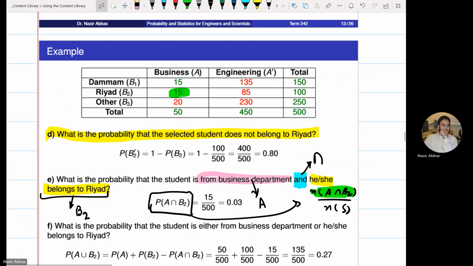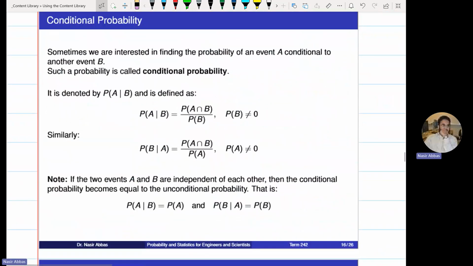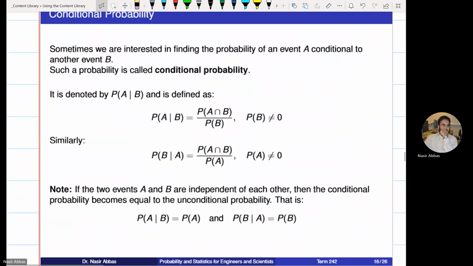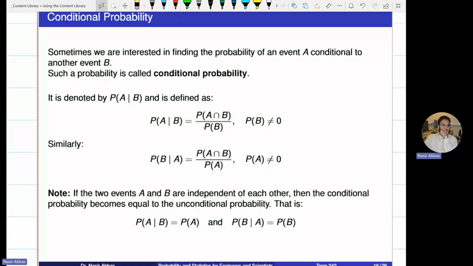So let's go back and read the formal definition. Sometimes we are interested in finding the probability of an event A conditional to another event B. Conditional means we know that B has already happened. This kind of probability is called conditional probability.